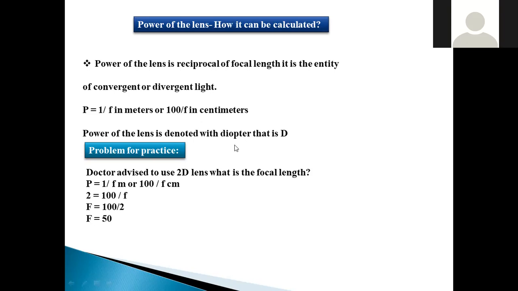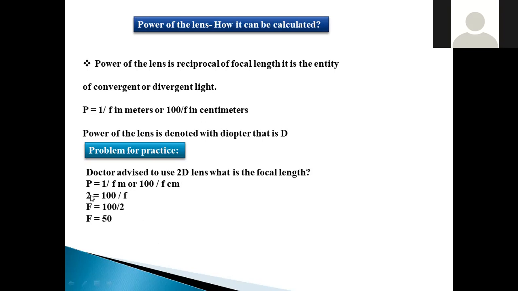D stands for diopter. Now let us see how it can be calculated. We already know power is the reciprocal of focal length. That means P is equal to 1 by F in meters, or 100 by F in centimeters. If the doctor suggested a 2D, 2 diopter lens, then what will be the focal length?